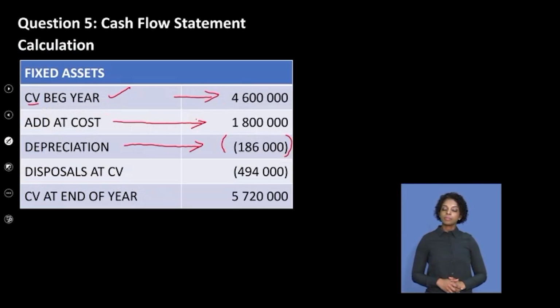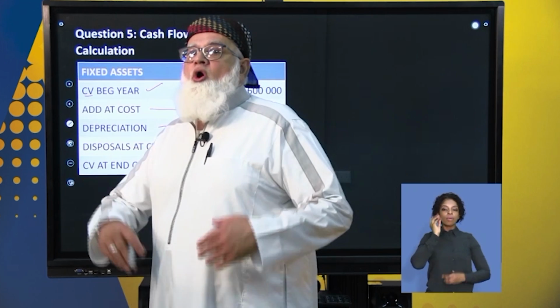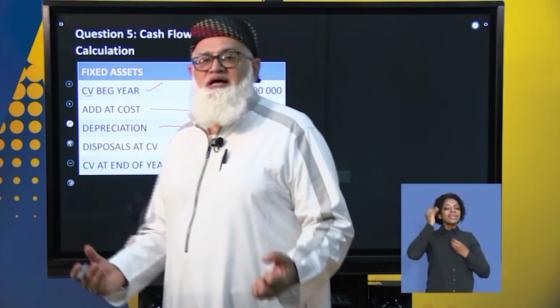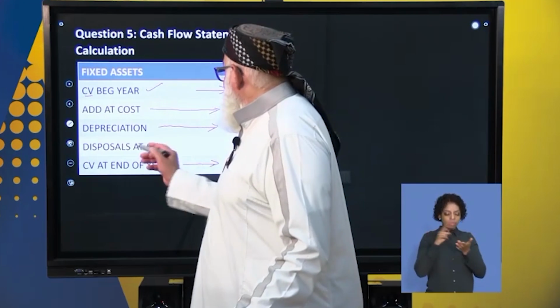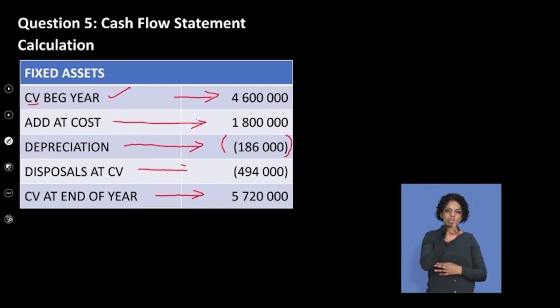So now we come to the other information that's provided that we have. We were told that my carrying value at the end of the year, remember, was 5,720,000 based on the previous information that was given to us. All that we do now is we determine the missing figure. And there's my disposals at carrying value. So if you start off here, remember, either you're working from the top to the bottom, or you're working bottom up.